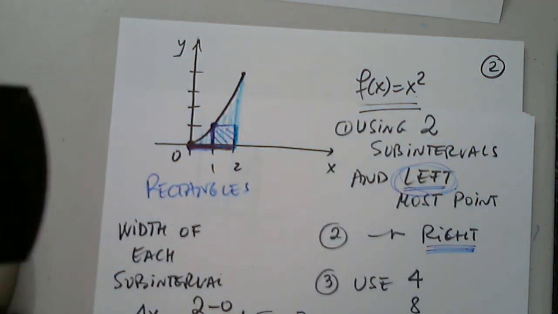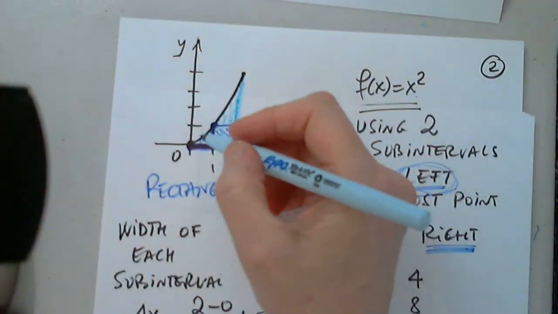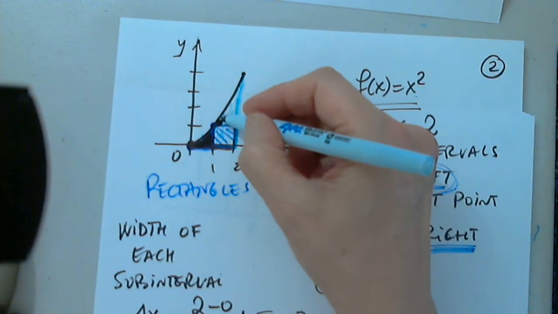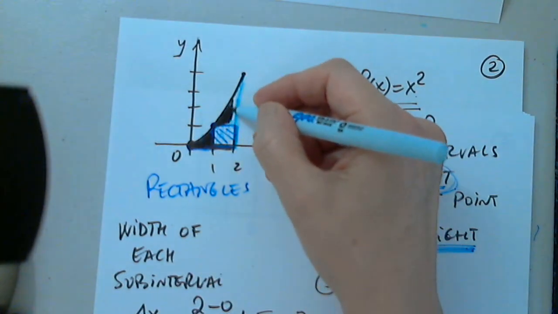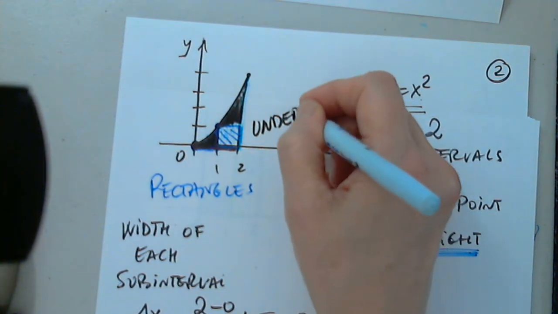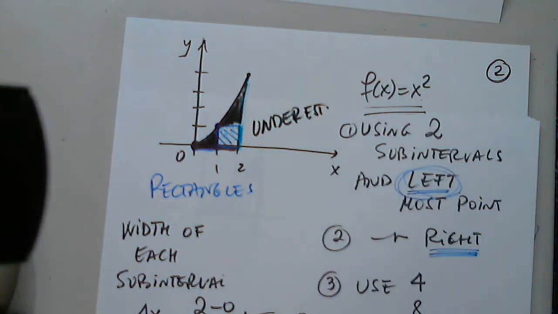What do you think? It would be an underestimation, of course, because I'm missing this piece and I'm missing this piece. Underestimation. Good. Of the exact area.